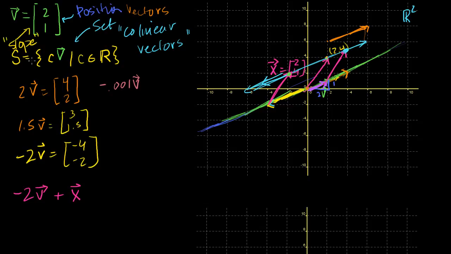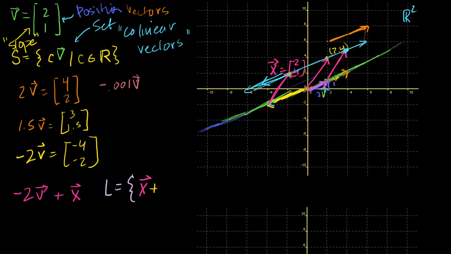So when I defined my set S as the set of all points where I just multiply v times a scalar, I got this thing that went through the origin. But now let me define another set. Let me define a set L, maybe L for line, that's equal to the set of all vectors x, the vector x, plus some scalar t, I could use c, but let me use t because I'm going to call this a parametrization of the line.